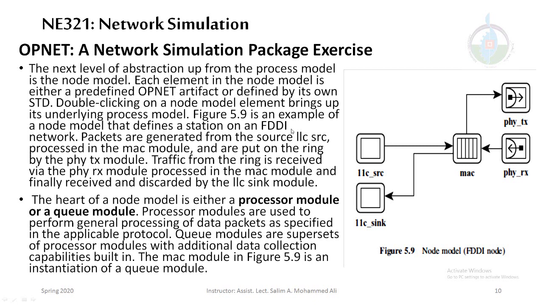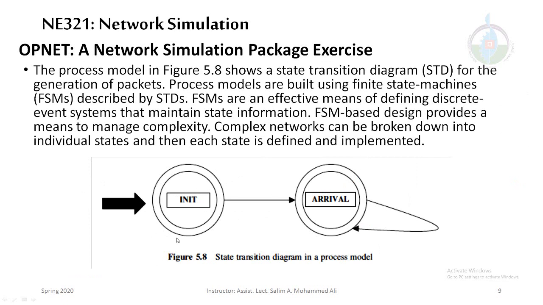Okay, we are still in the process layer. The next level of abstraction from the process model, you see the icons here. If you press any of these icons in the OpNet model, you will go to this basic diagram, which is the finite state machines.